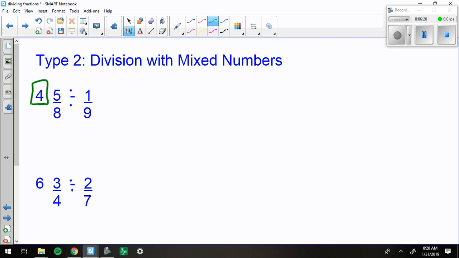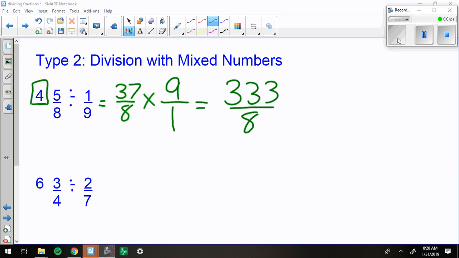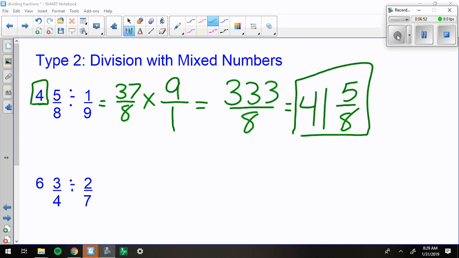So what we need to do here is change this into an improper fraction. 4 times 8 is 32, plus 5 is 37/8. I change my division to multiplication. My numerator becomes my denominator to make my reciprocal. Denominator becomes my numerator. 37 times 9 is 333. 8 times 1 is 8. 8 actually goes into 333 41 times, and there's 5 left over, so it's 41 and 5/8.